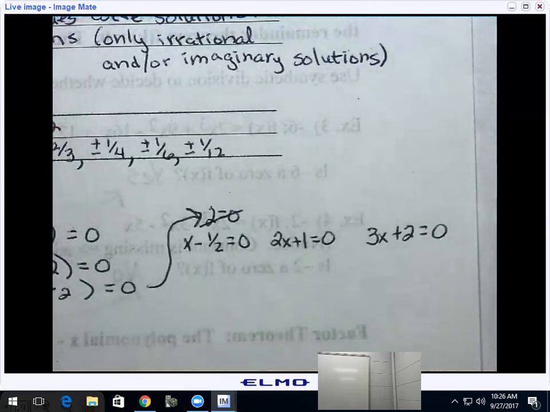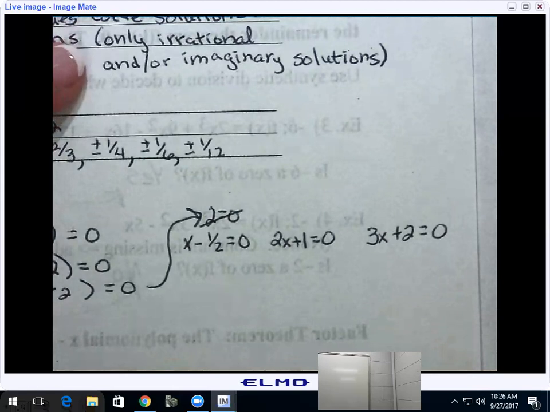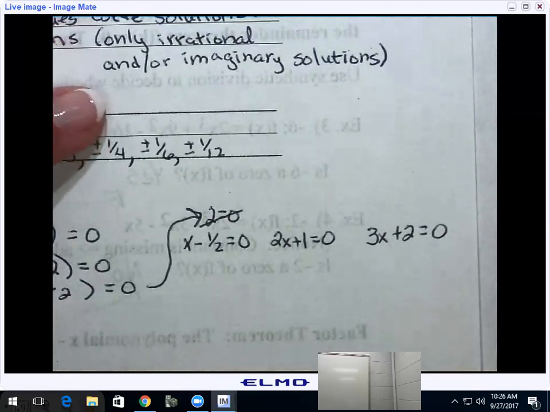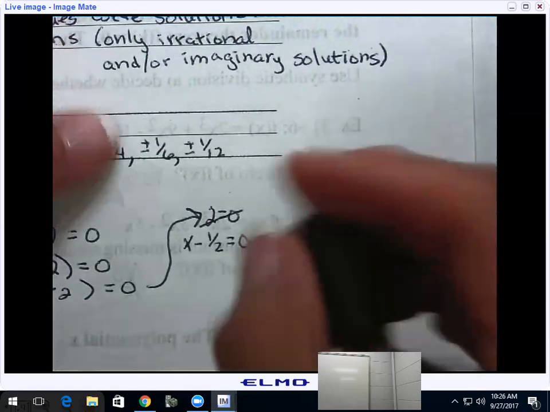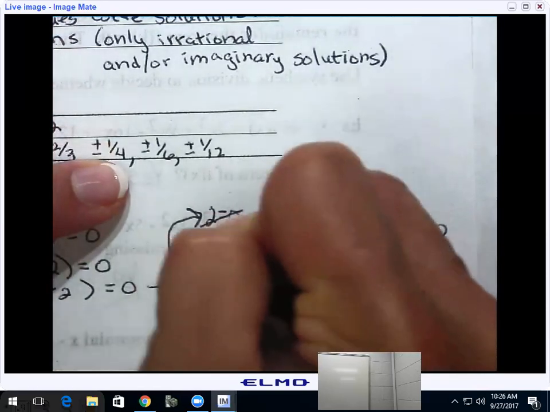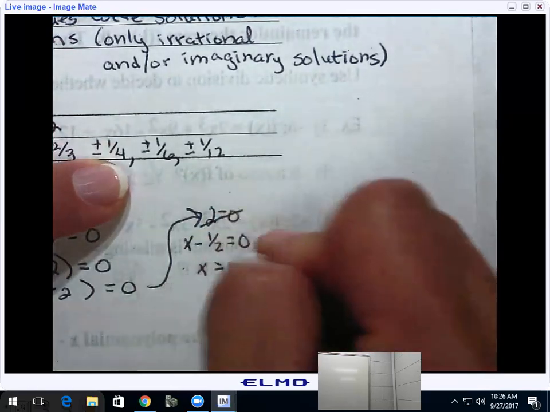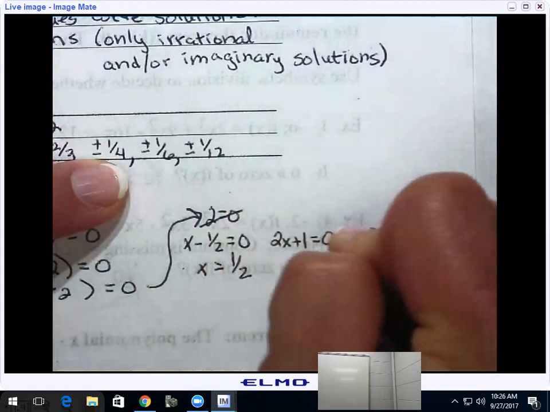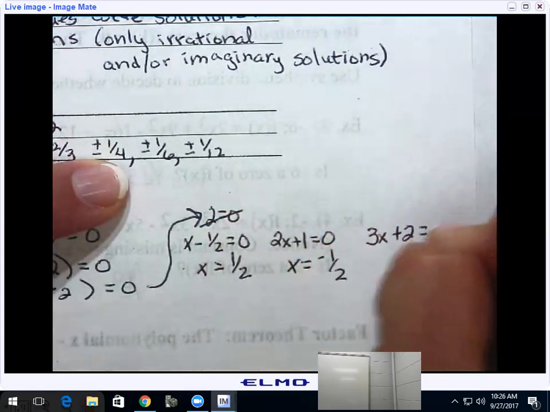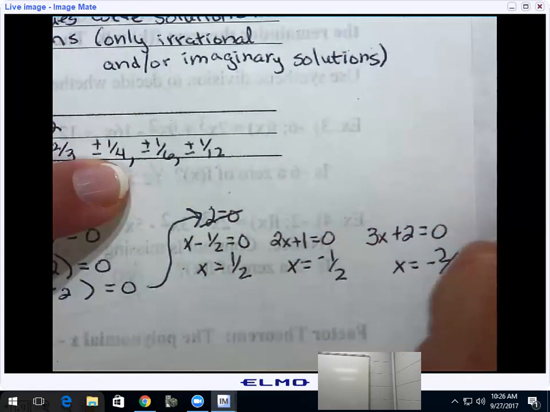And what 3 solutions does that give me? This would give me positive 1/2, and this would give me negative 1/2, and that would give me negative 2/3.